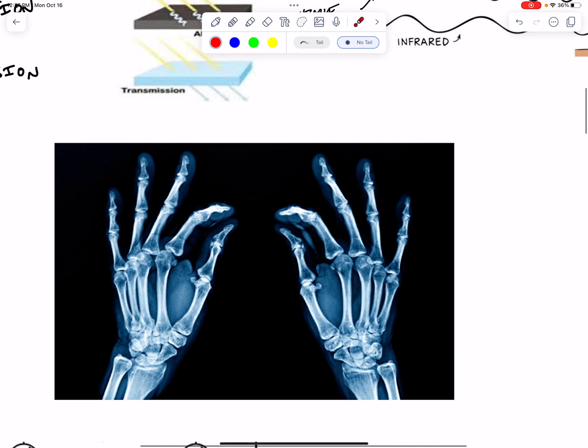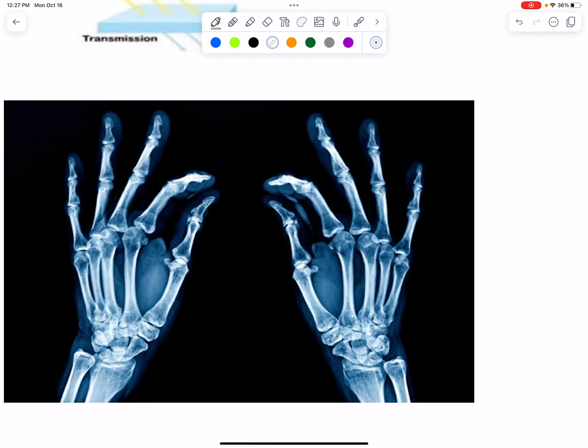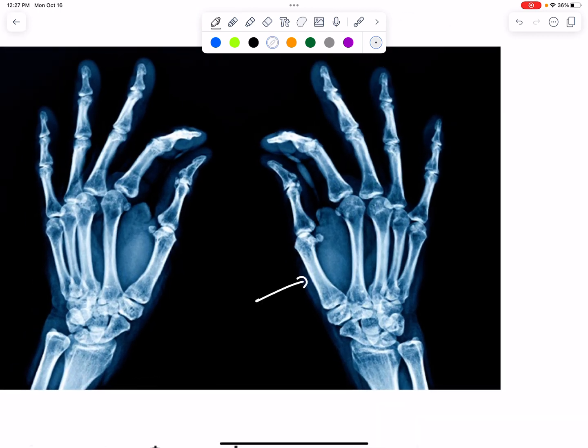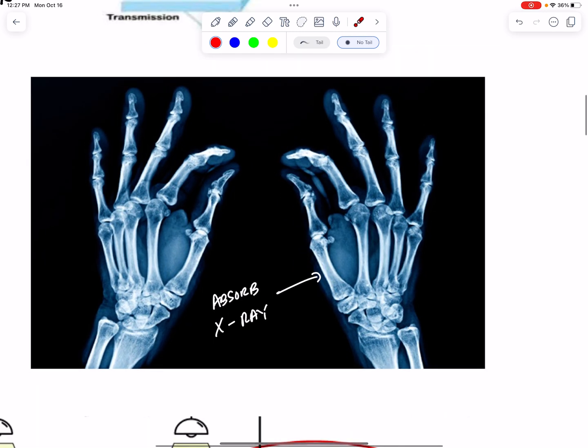A property of bones is that they absorb X-ray light. So the reason why we use X-rays to tell what's going on with our bones is that X-rays pass through most of our soft tissue. Like here you can see the outline of this person's hand faintly.